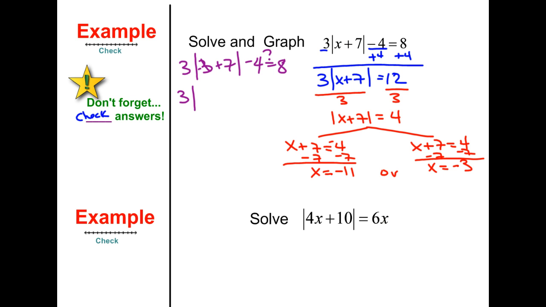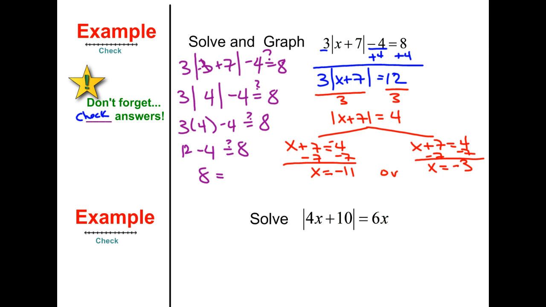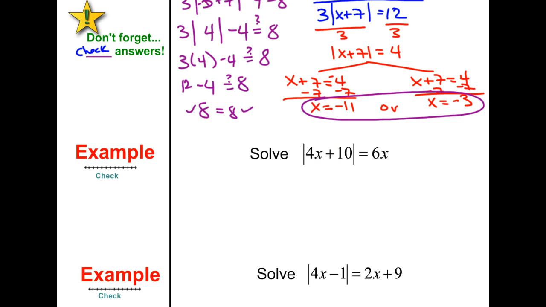So 3 times the absolute value of 4 minus 4, does it equal 8? 3 times 4 minus 4, does it equal 8? Does 12 minus 4 equal 8? Well, yes, 8 equals 8. So that works. So both answers are indeed solutions to this problem.